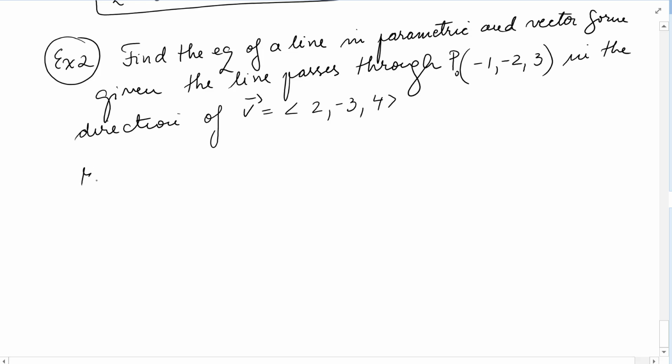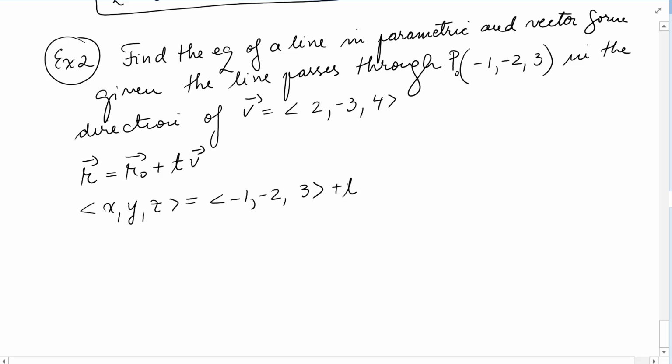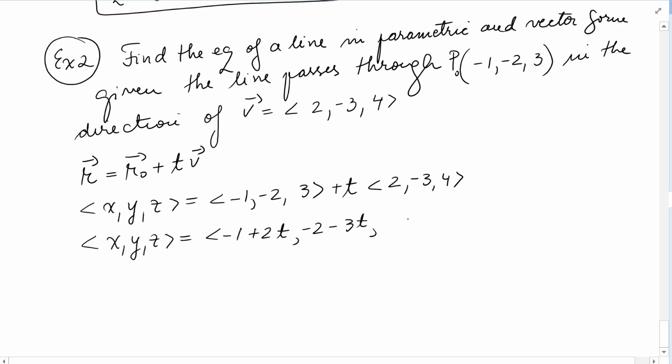We know that if we use the formula R equals R naught plus tV, then x, y, z is equal to -1, -2, 3 plus t times 2, -3, 4, or x, y, z equals -1 plus 2t, -2 minus 3t, and 3 plus 4t.